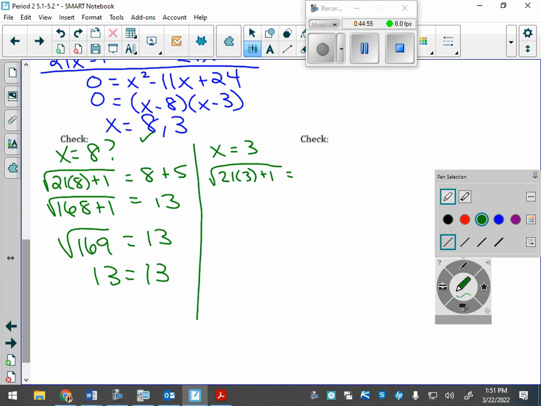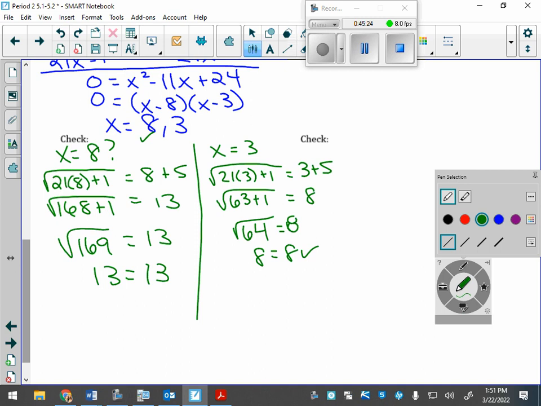Okay, so everywhere you see an x, a 3 goes in. What's 21 times 3? Okay, square root of 64.